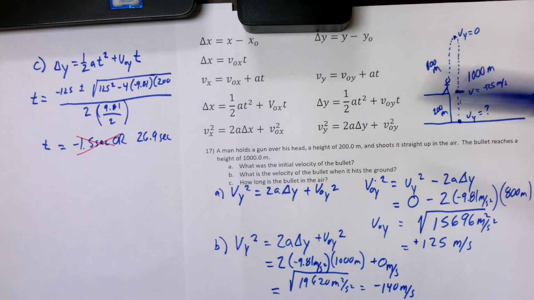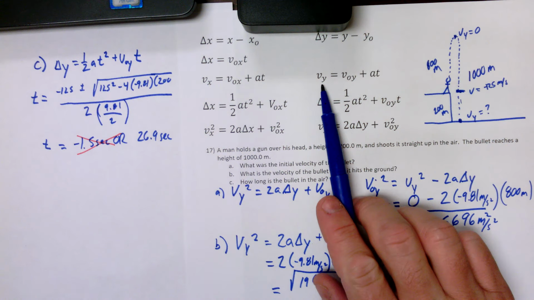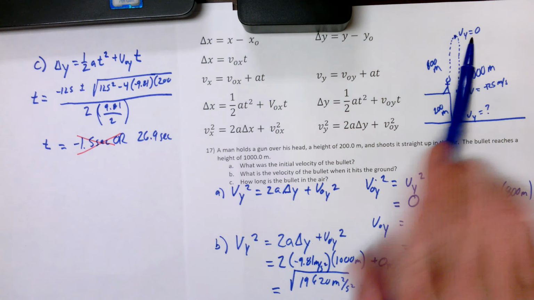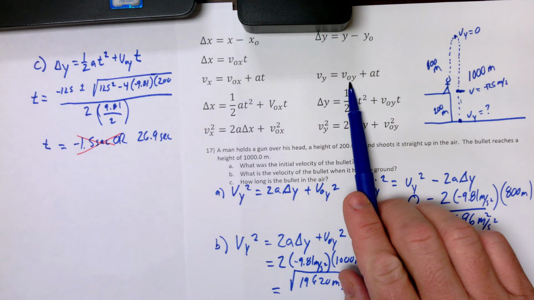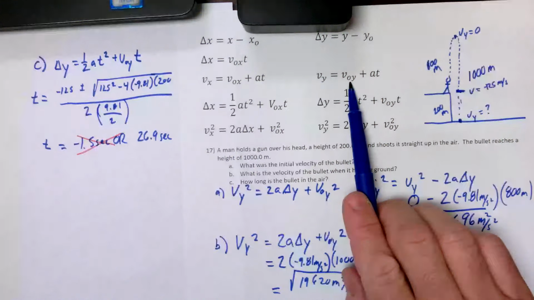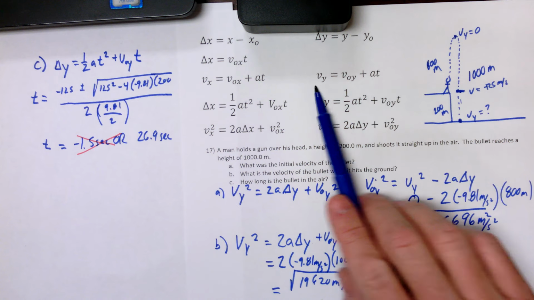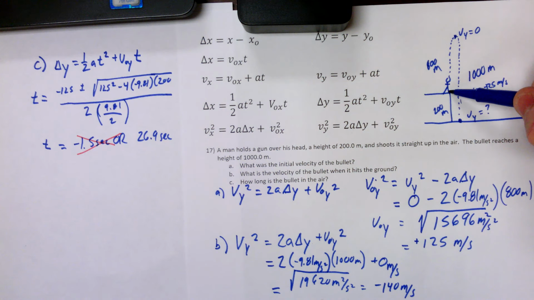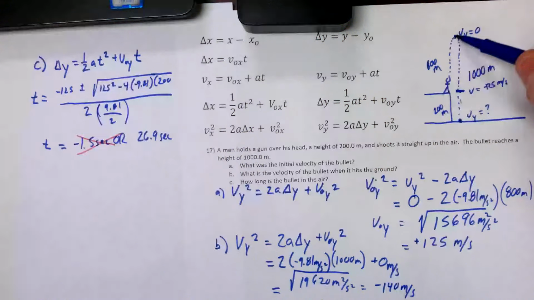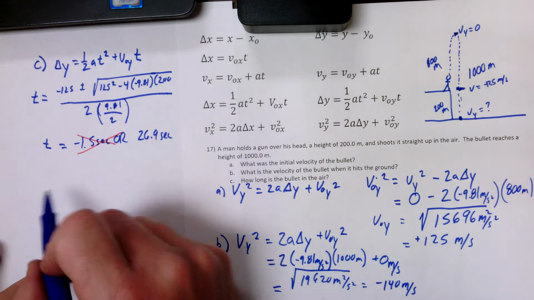So let's find me an easy expression. I know a velocity at that point would be 0. I know the initial velocity is 125. I know the acceleration. I could use this expression here to solve for the time from here to here, which I know is the same as the time from here to here. So I'm going to do it that way.